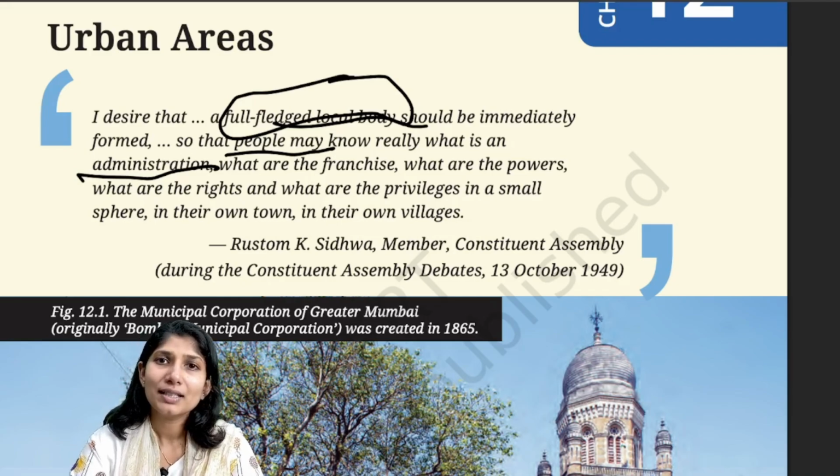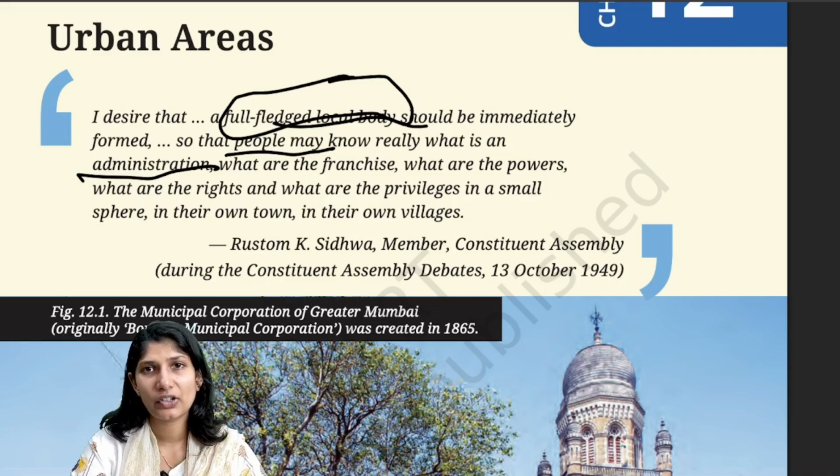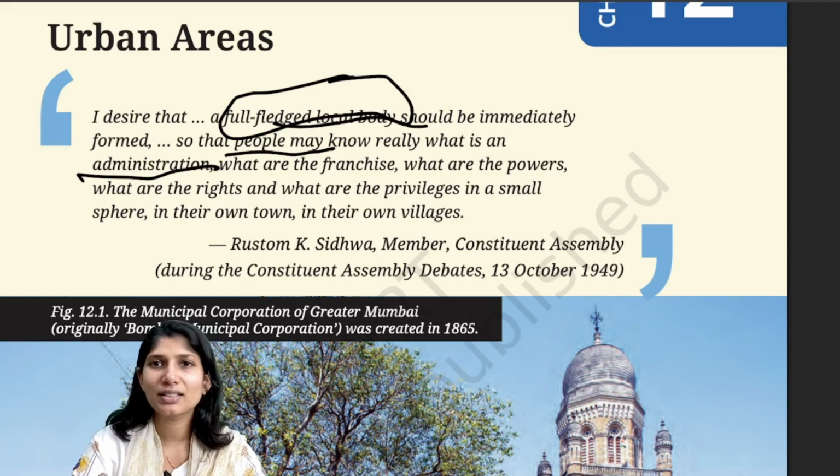Here, the people's interaction is maximum. Common people's day-to-day interaction is maximum with local self bodies compared to the state or center. So if a citizen has to understand what administration is, what they see at the lower levels is what they perceive at the higher levels.